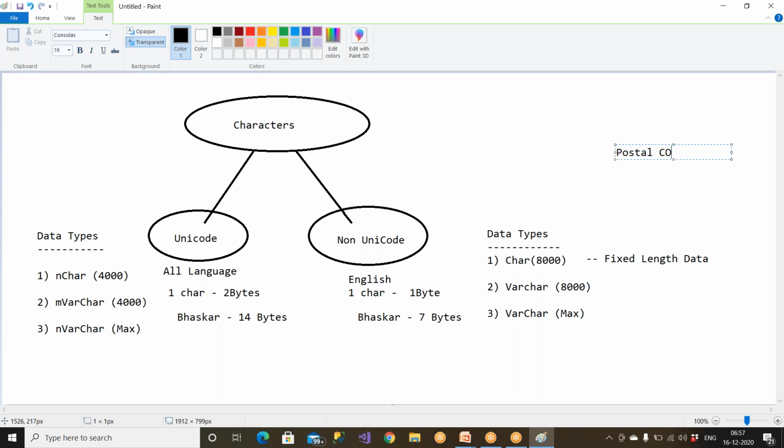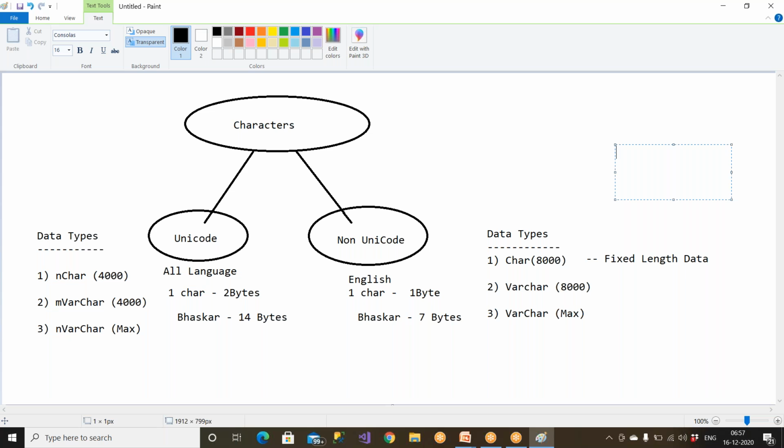Indian postal codes have only six numbers. Or you'll have male and female; the length is only one character. So the length is fixed.